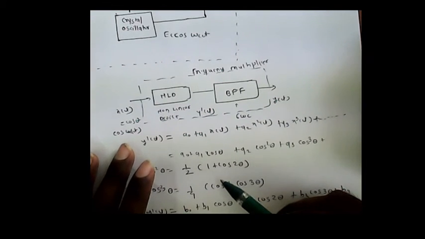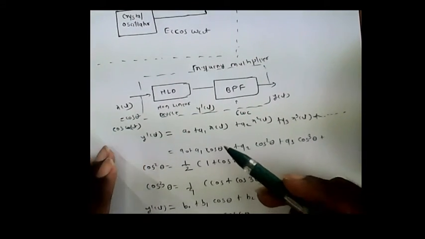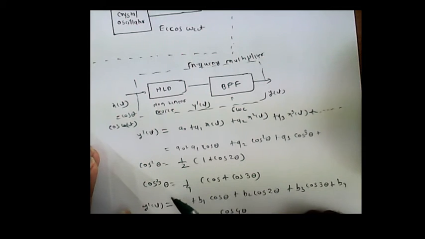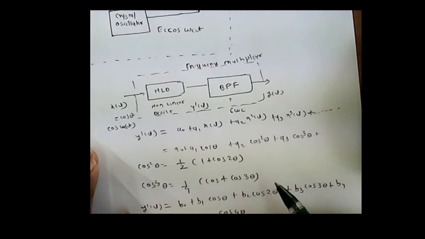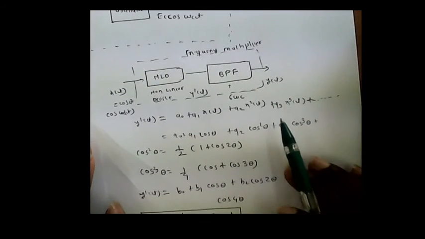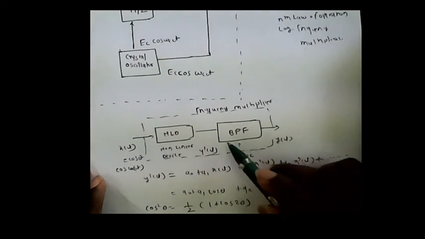We put theta equal to omega c t. Then cos square theta is equal to 1 by 2 into 1 plus cos 2 theta, and cos cube theta is equal to 1 by 4 into 3 cos theta plus cos 3 theta. So in this example, y of t is the expansion b0 plus b1 cos theta and so on, and the band pass filter allows only the required term, such as b6 cos theta, to pass.